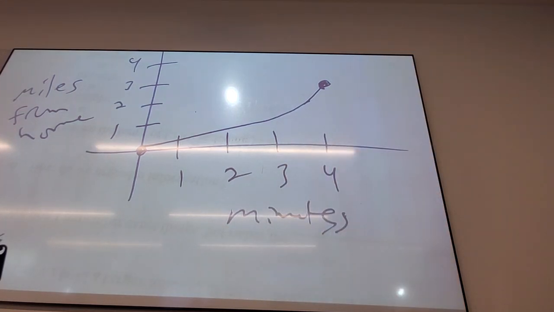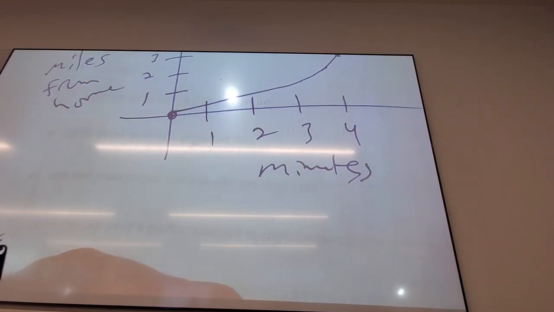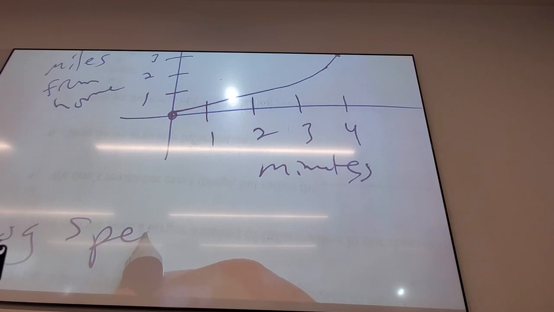Is everybody with me? Can anyone tell me what my average speed was? Am I going the same speed the whole time? No. But what was my average speed? What's the total distance I went? 3 miles. Is everybody with that?